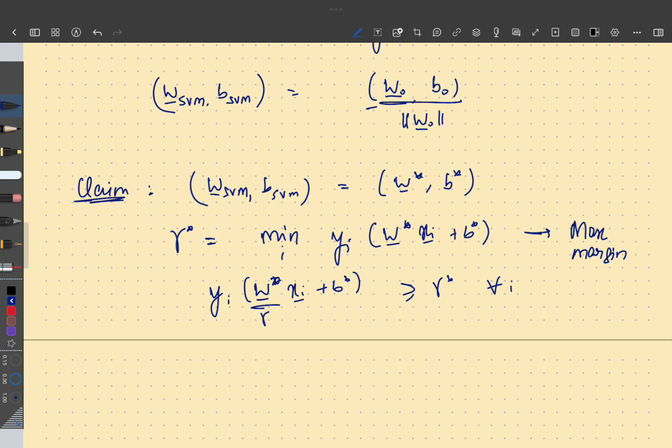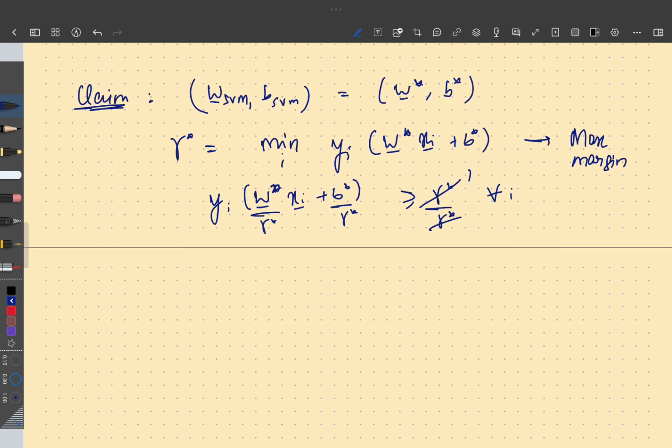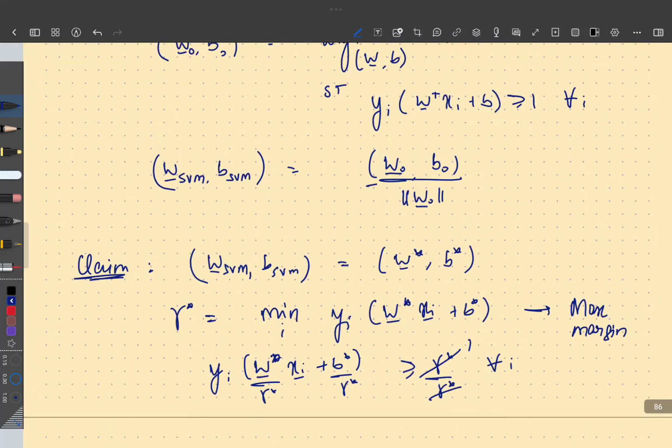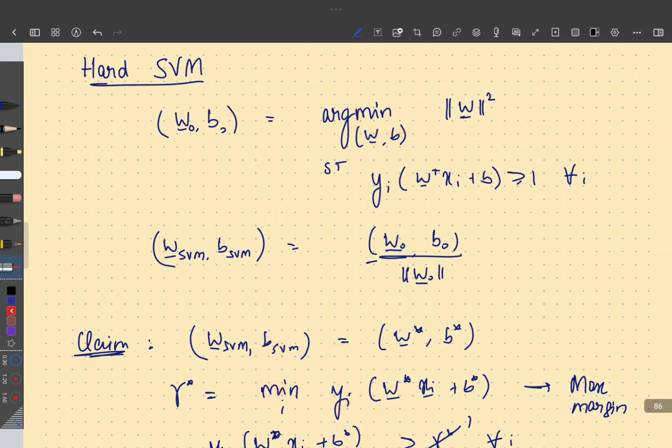Therefore, if I normalize both sides by gamma star, yi times w star by gamma star transpose xi plus b star by gamma star is greater than or equal to 1 for all i. Which means that w star by gamma star, b star by gamma star satisfies all of the constraints in this Hard-SVM optimization problem.